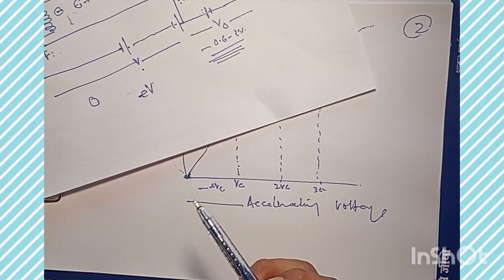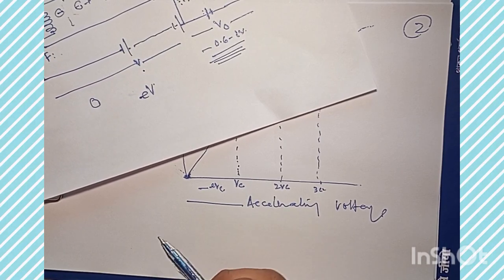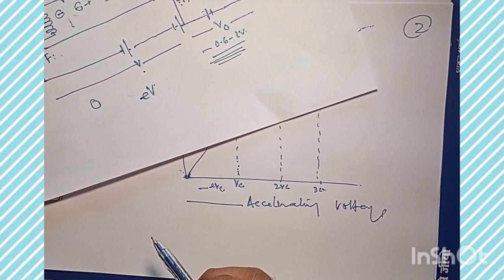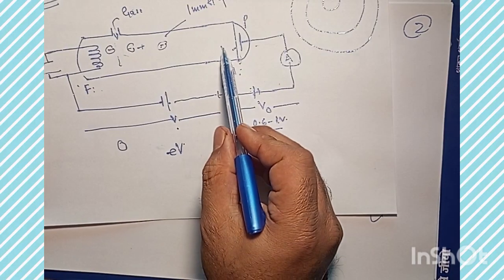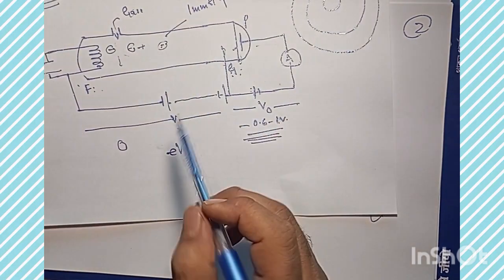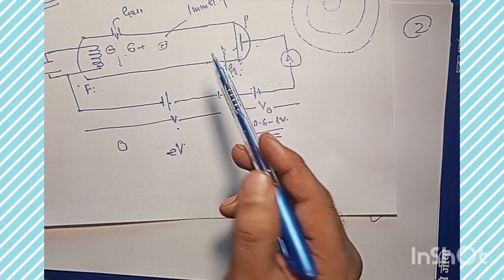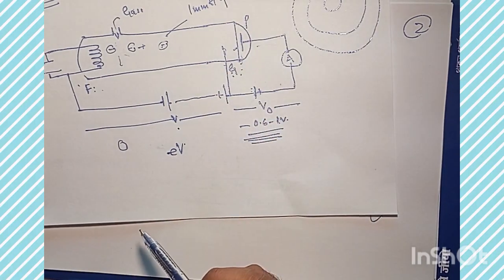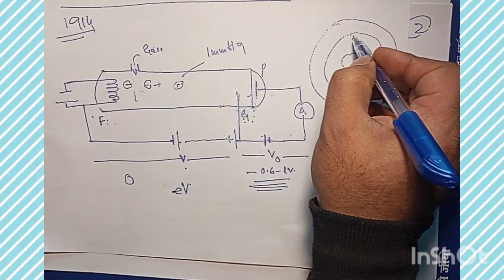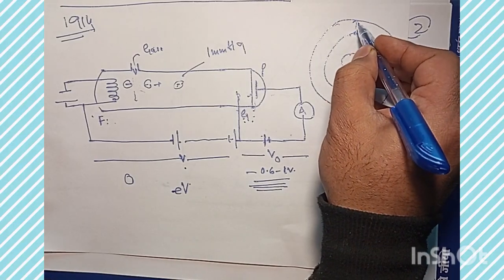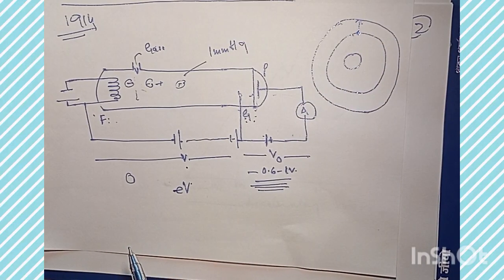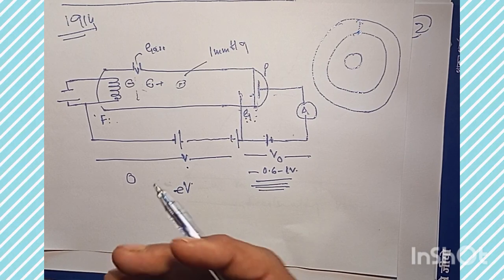The electrons can now suffer inelastic collisions with the gas atoms near this grid, and they can excite them to energy levels above their ground state.